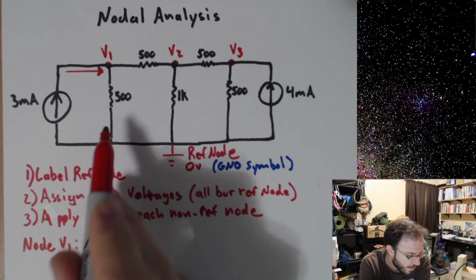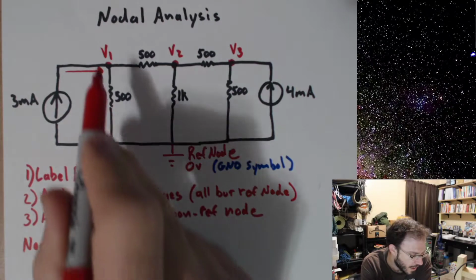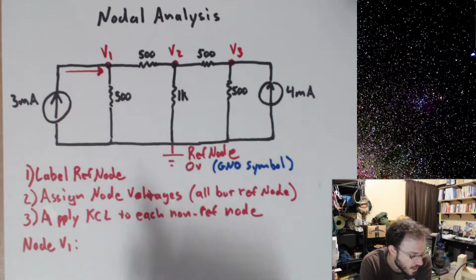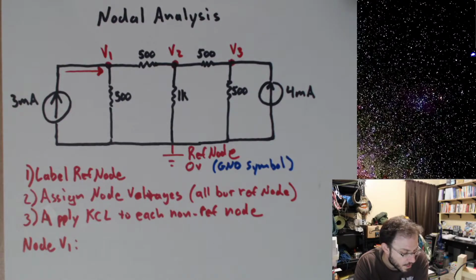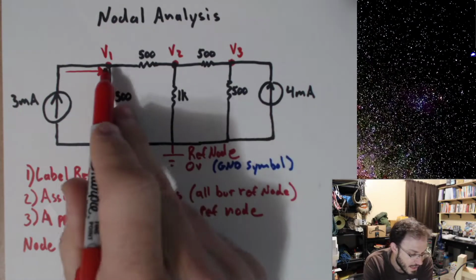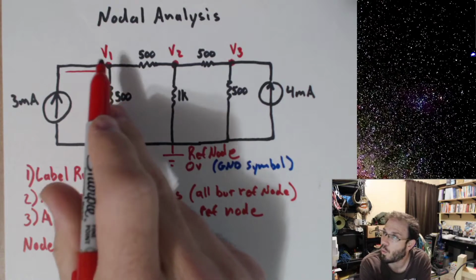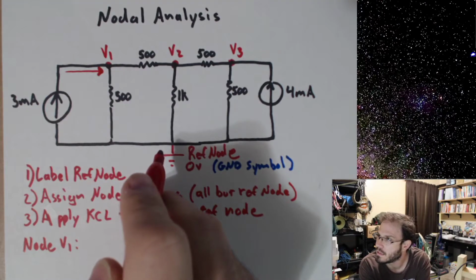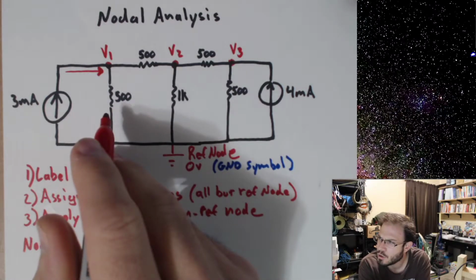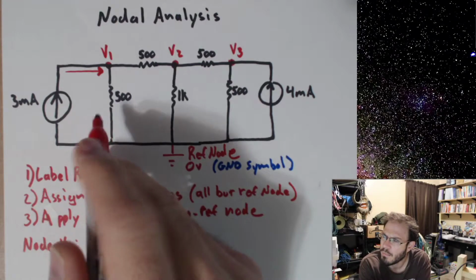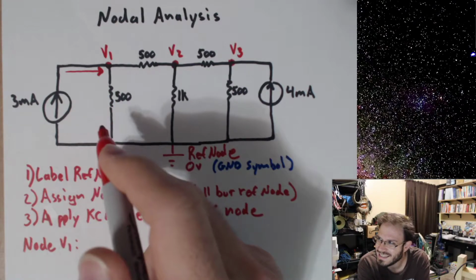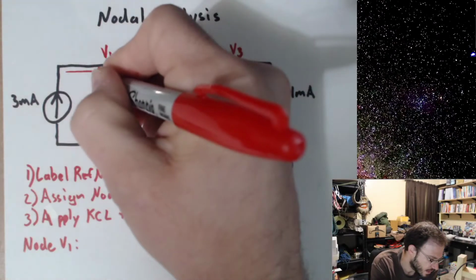So I have 0 volts on this side of the 500 ohm, and I have V1 on this side. You know what? I'm going to write my current to go down. And the reason is I'm making the assumption that V1 is larger than 0 volts. That may not be true. We'll find out later. But we have to pick a direction. It doesn't have to be correct.